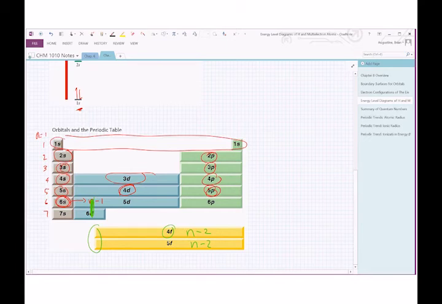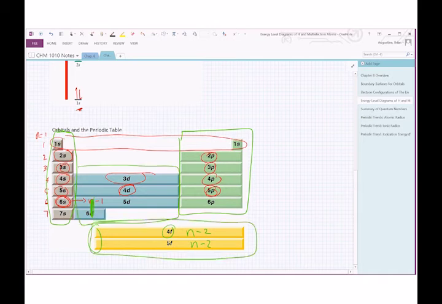Okay, the whole structure of the periodic table then is based on this. Do you notice all the s's are grouped together? All the p's are grouped together. All the d's are grouped together. And then all the f's end up getting grouped together. Now really the f's would push this row down a bunch more, but it's easier to write the periodic table this way. So these get inserted over here.